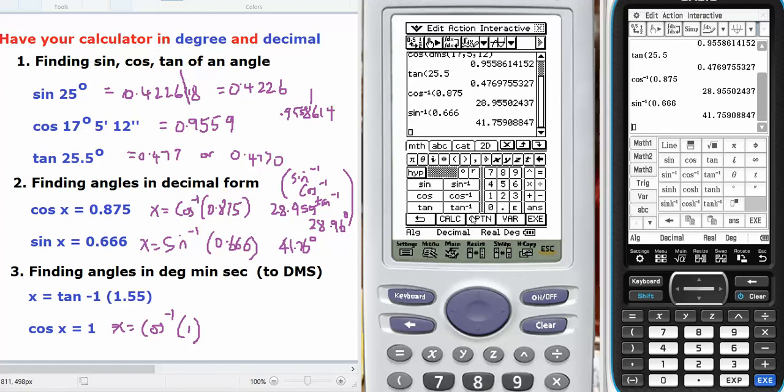So new line, inverse tan of 1.55 gives me this answer.